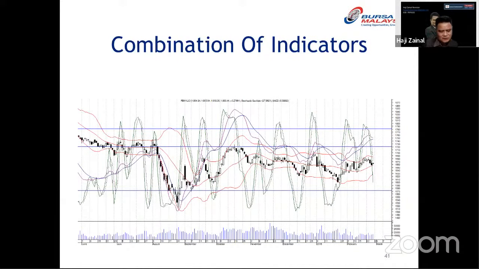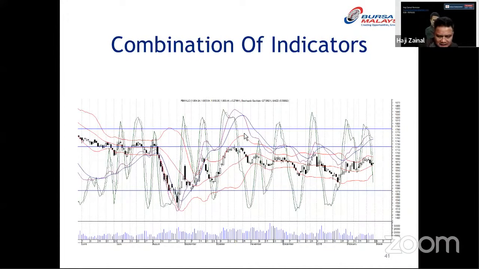So I use this overlay technique. Instead of putting the indicators at the bottom, I overlay the stochastic and also the RSI on the chart. Okay, so this is stochastic and MACD, because I use a lot of MACD and a lot of stochastic.